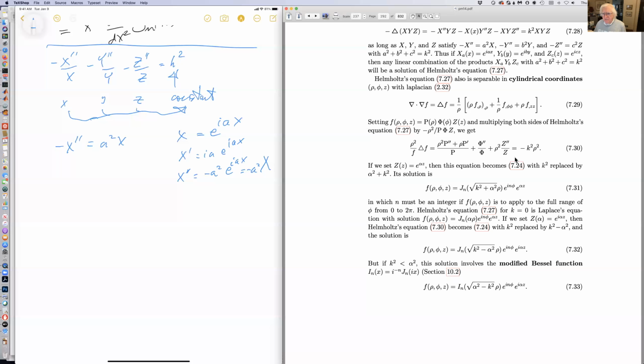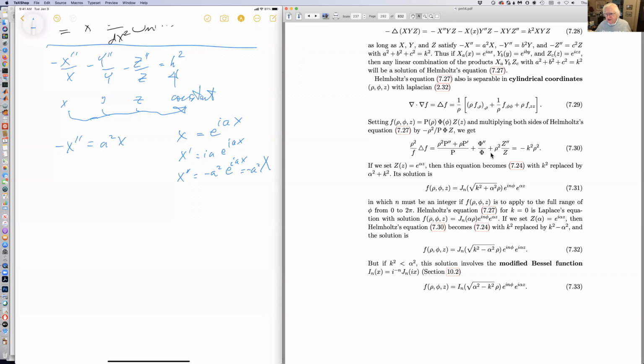And once again, this is a function of rho, and this is a function of phi, excuse me, and so this is only a function of phi, so we immediately can solve that, and we let that be e to the i n phi. And again, if we want the whole range from 0 to 2 pi to be single valued, then n should be an integer. So that drops out there.